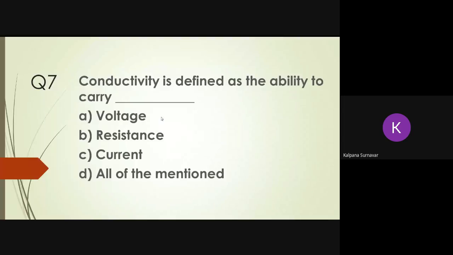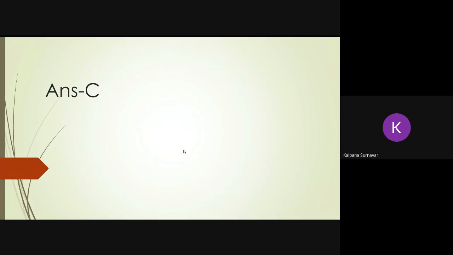Now, question number 7. Conductivity is defined as the ability to carry. This question is very simple and you can guess the answer. Conductivity measurement is related with either voltage, resistance, current or all of the above. Here the answer is current, because conductance is measured.